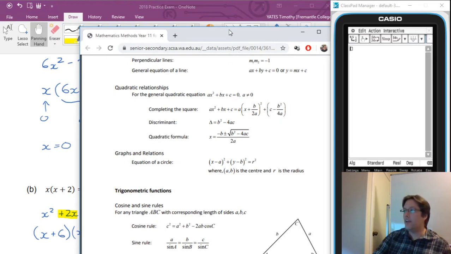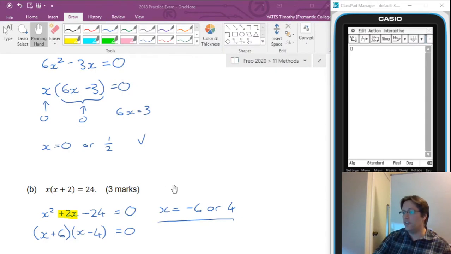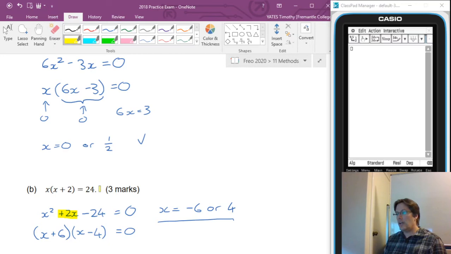That will give us the answers for x directly instead of having to use the zero factor law. But being able to do that does sort of get us out. It's 3 marks, and we've technically got a few minutes to work out this one. If you get completely stuck, you can always just use the quadratic formula to math it out.